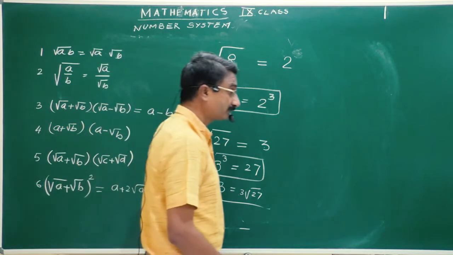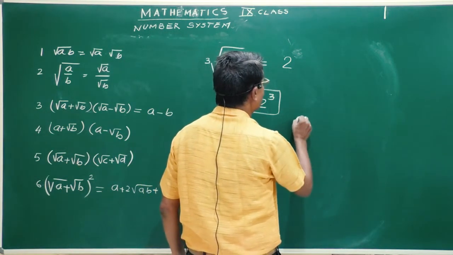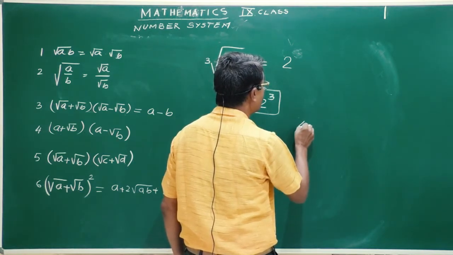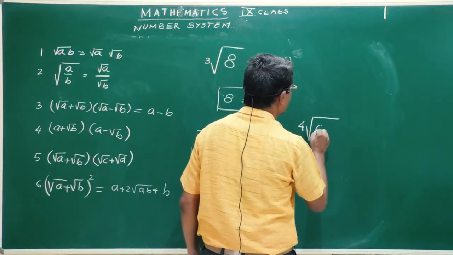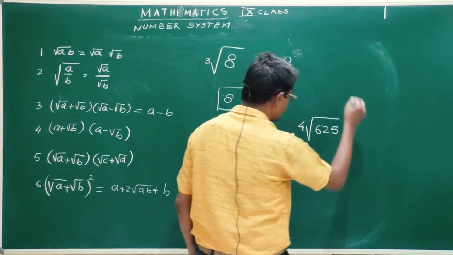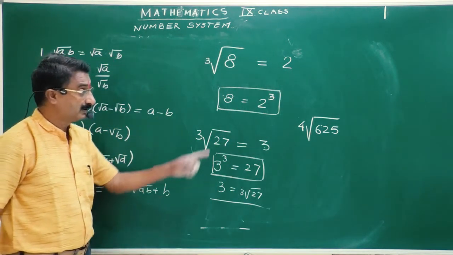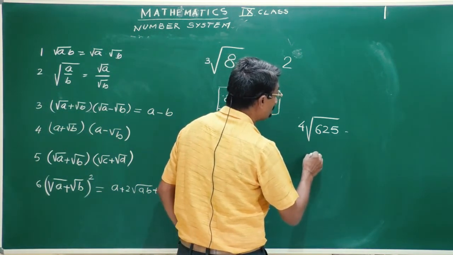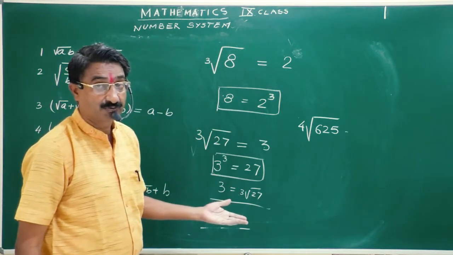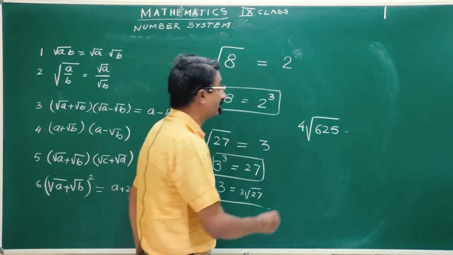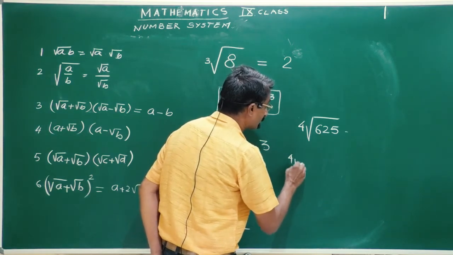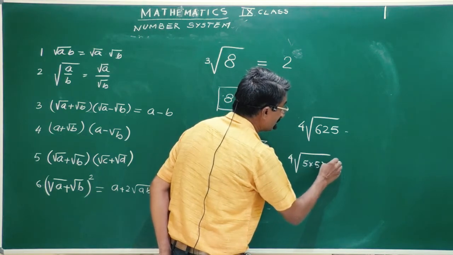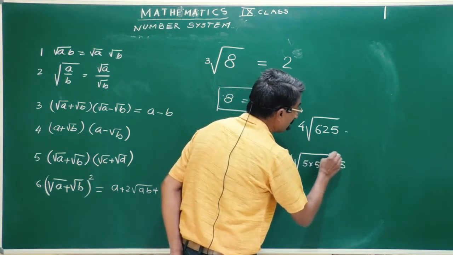Suppose fourth root of 625. Fourth root of 625 means any number whose power 4 is equal to 625. So we can write 5 multiplied by 5 multiplied by 5 multiplied by 5.